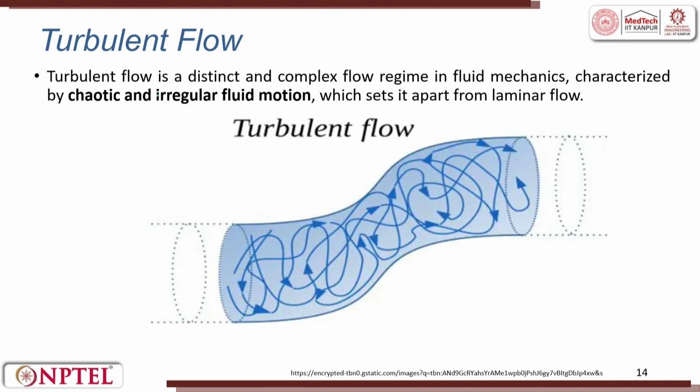Turbulent flow is a distinct and complex flow regime in fluid mechanics. You can see here how the flow goes if you put a particle, how it is disturbed. It is characterized by chaotic and irregular fluid motion, which sets it apart from laminar flow.